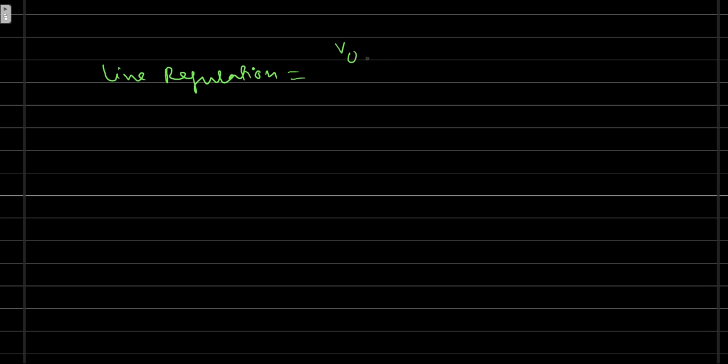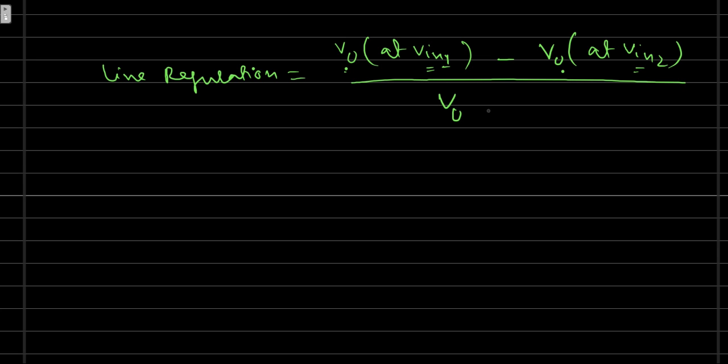Suppose the output voltage you are getting is V naught when the input is V in 1, minus V naught at a different input voltage V in 2. That means the output you are getting when input is V in 1, minus the output you are getting when input is V in 2, divided by the output you are getting at V in 1, into 100%. So this is all about line regulation.